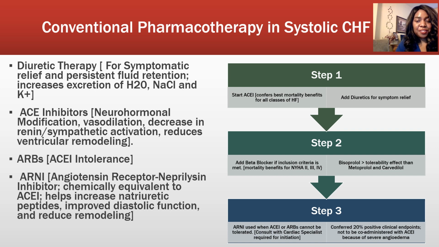ACE inhibitors for neurohormonal modification, vasodilation, decrease in renin and sympathetic activation, and reduction in ventricular remodeling. ARBs are primarily used for ACE inhibitor intolerance.